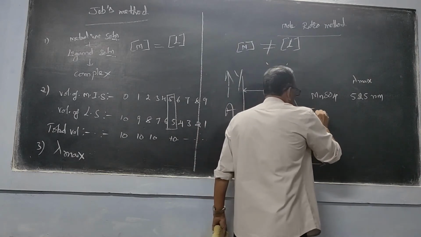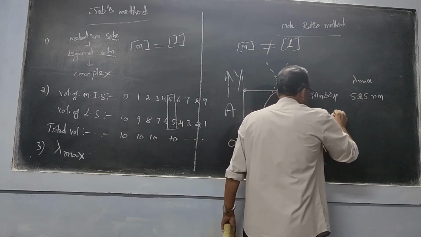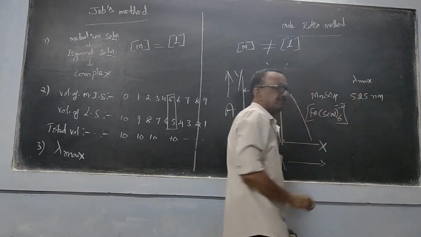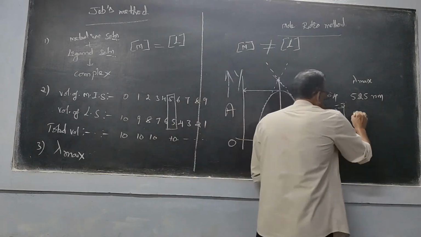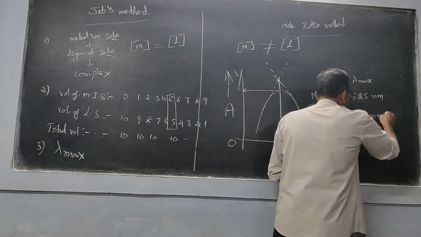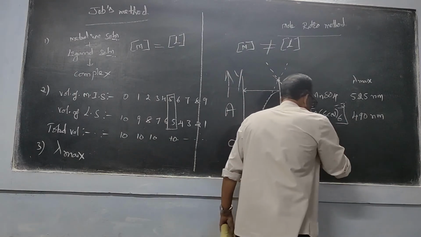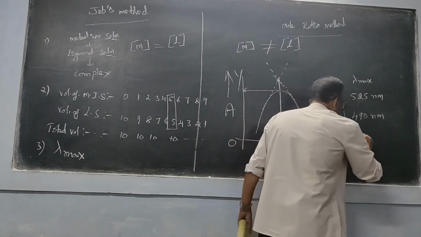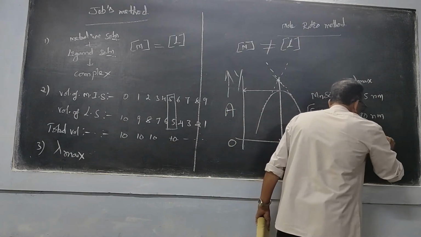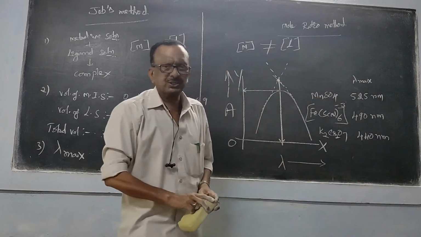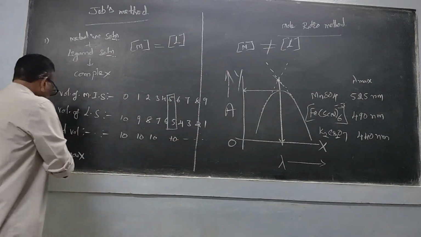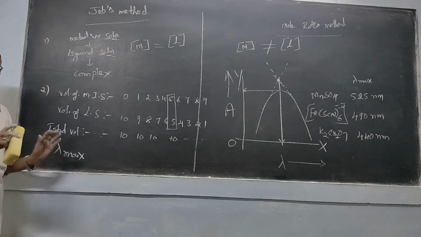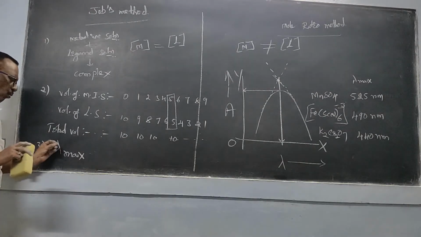Now if you take the iron complex, FeSCN, here it is 490 nanometers. If you take potassium dichromate, K2Cr2O7, the chromium metal exhibits a lambda maximum at 440 nanometers.